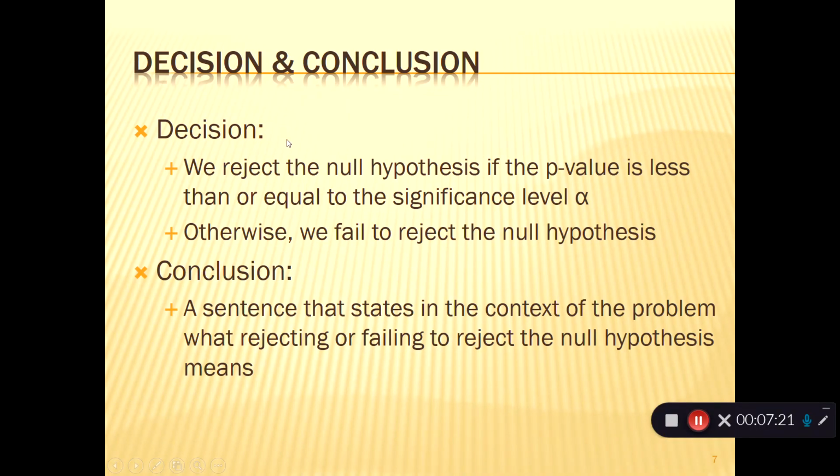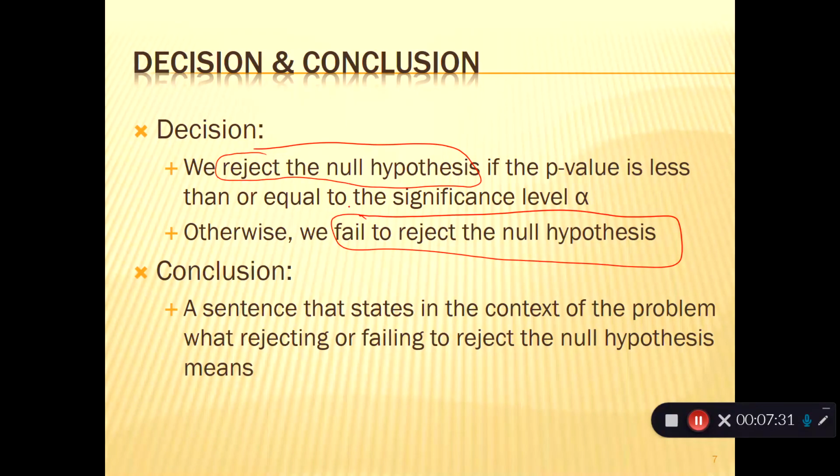So there are only two possible decisions. You either reject the null hypothesis or you fail to reject the null hypothesis. Reject the null hypothesis if the probability is less than alpha. Otherwise, fail to reject it. That's your decision. Then you're going to have to write a conclusion statement, and that's related to the problem.